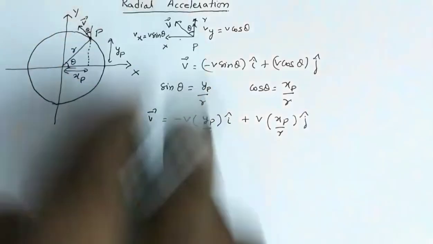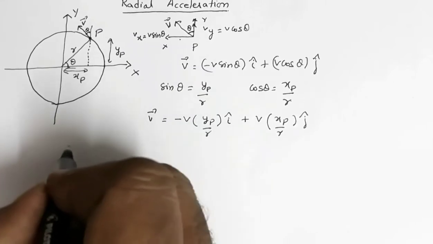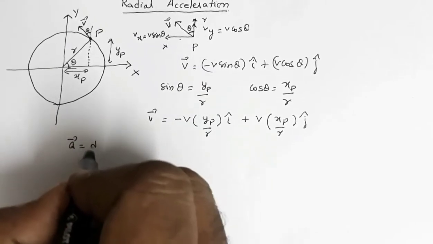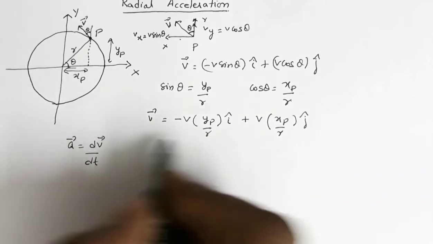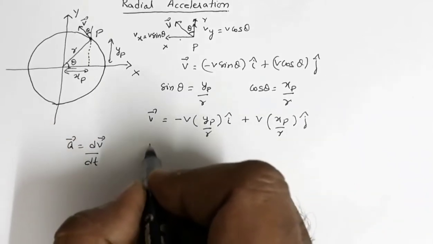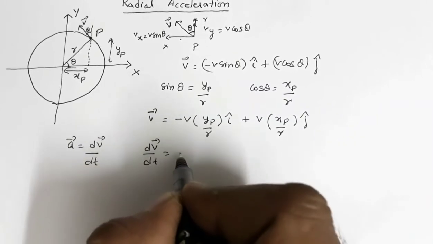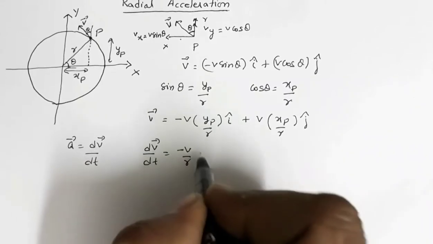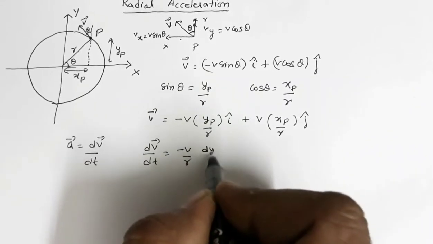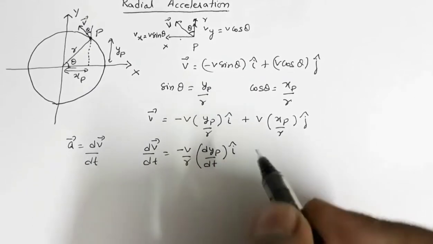We need radial acceleration. Acceleration is the rate of change of velocity, so acceleration is dv by dt. Let us differentiate this expression with respect to time. dv by dt will be equal to minus v by r, which is constant, times dyp by dt i cap.